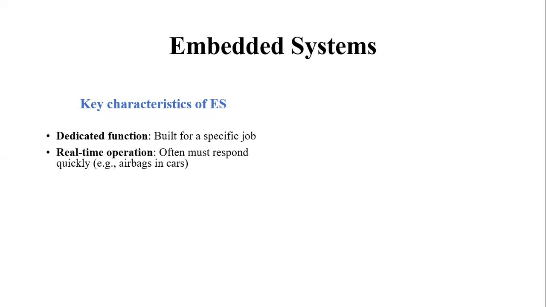Remember, guys, it has its own operating system, and the response is very fast compared to a system without an RTOS. Some systems have an RTOS and some systems are without an RTOS. OS means operating system, RTOS means real-time operating system.